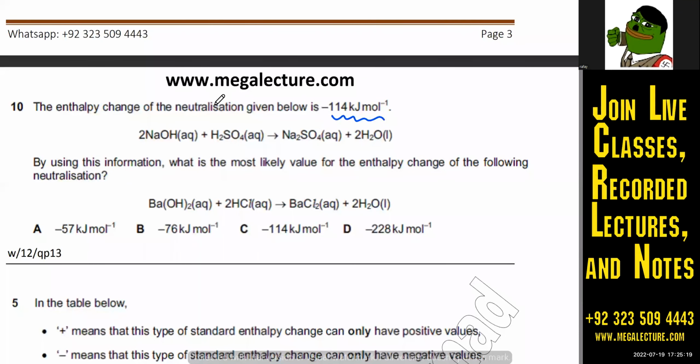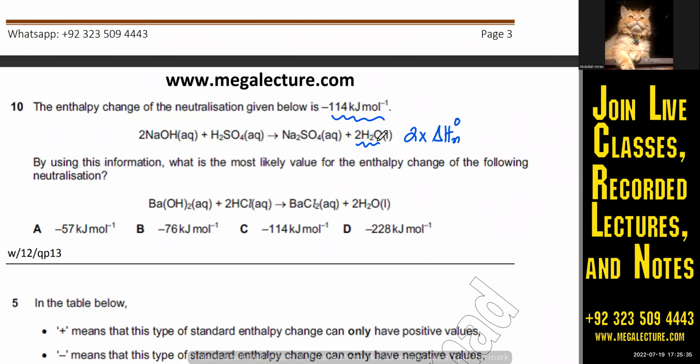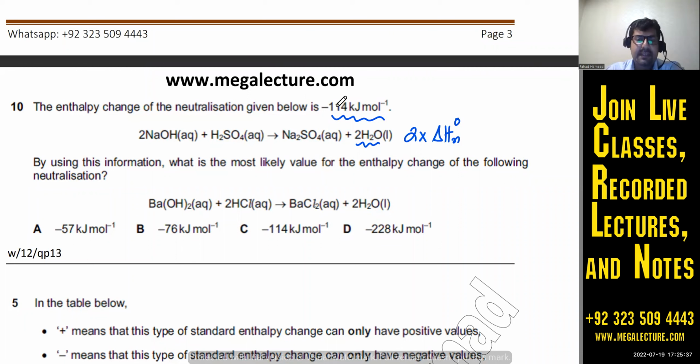No, sir. It's 2 times the standard enthalpy change of neutralization, because you're producing 2 water molecules. So minus 57 is what you're going to get for this.